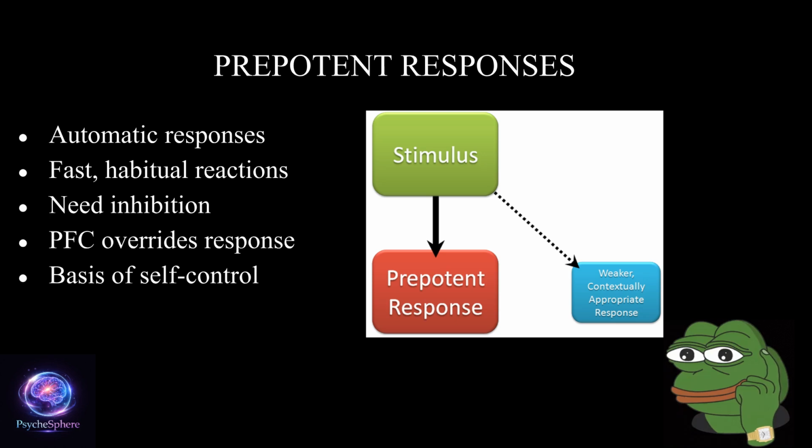That automatic urge is strong, and stopping it requires control. This is where the prefrontal cortex becomes extremely important. It allows you to pause, override the automatic response, and choose the correct action instead. So self control is not just a personality trait, it's also a brain function.